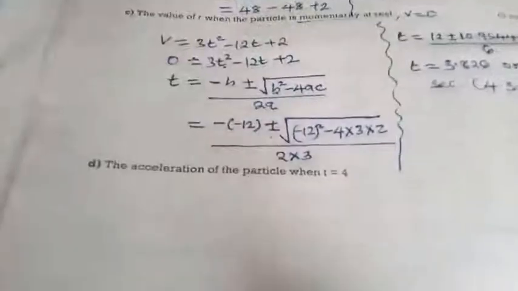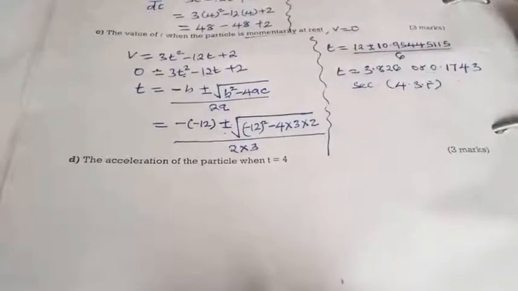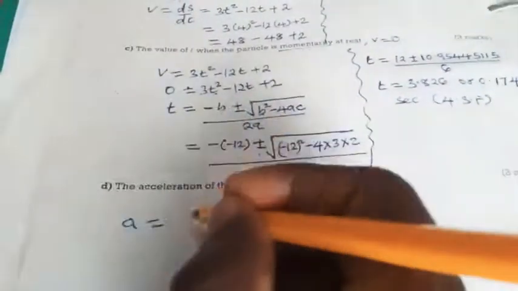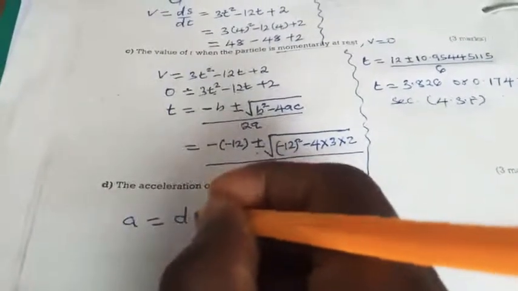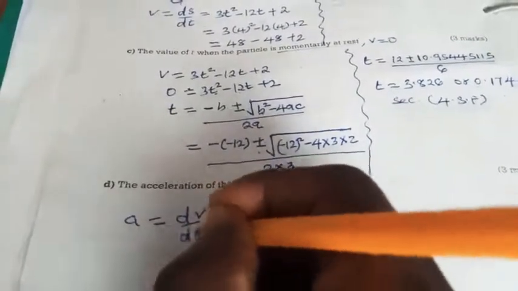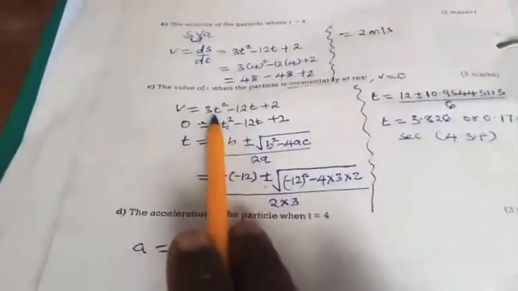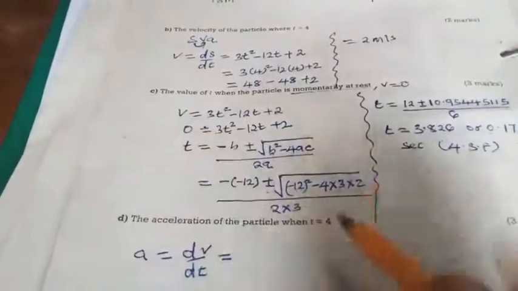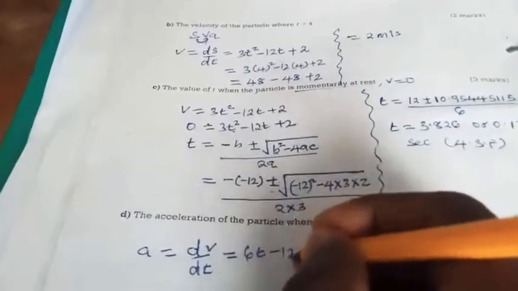So that's the answer. Finally, part D, the acceleration of the particle when t = 4. So acceleration is equal to dv over dt, whereby we are going to differentiate this velocity function. So it's going to be 6t - 12.